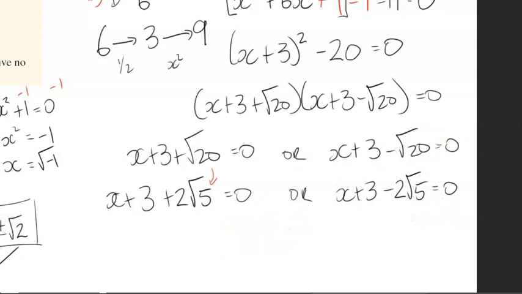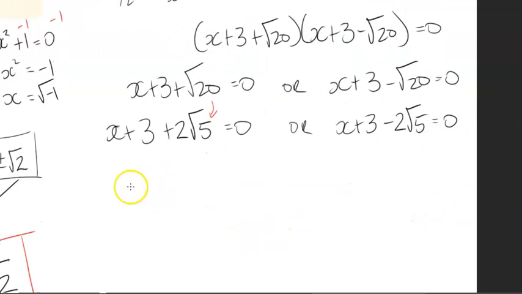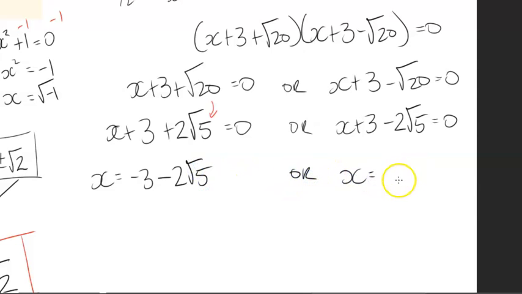Now what we do is simply solve for x. So this implies that x is equal to negative 3 minus 2 root 5, or x is equal to negative 3 plus 2 root 5.